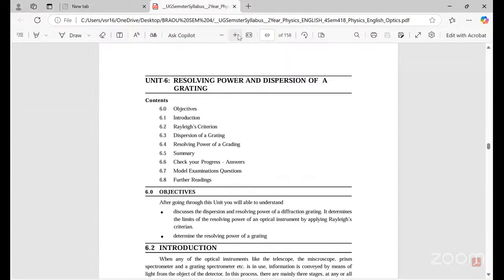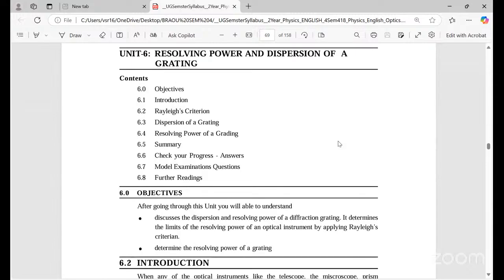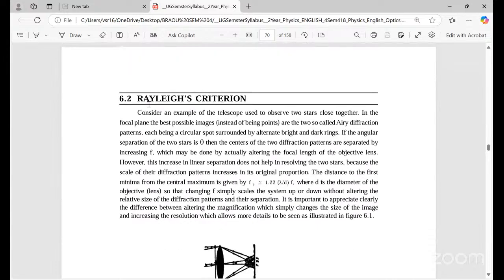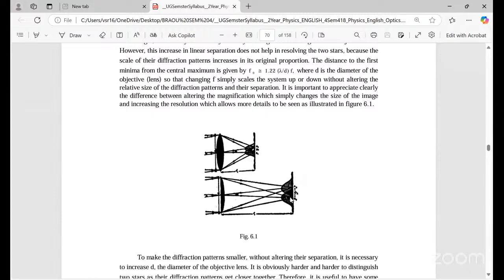So this is the resolving power and dispersion of a grating, in unit 6 in our syllabus. This is the Rayleigh criteria, which we already discussed. Can you see this?